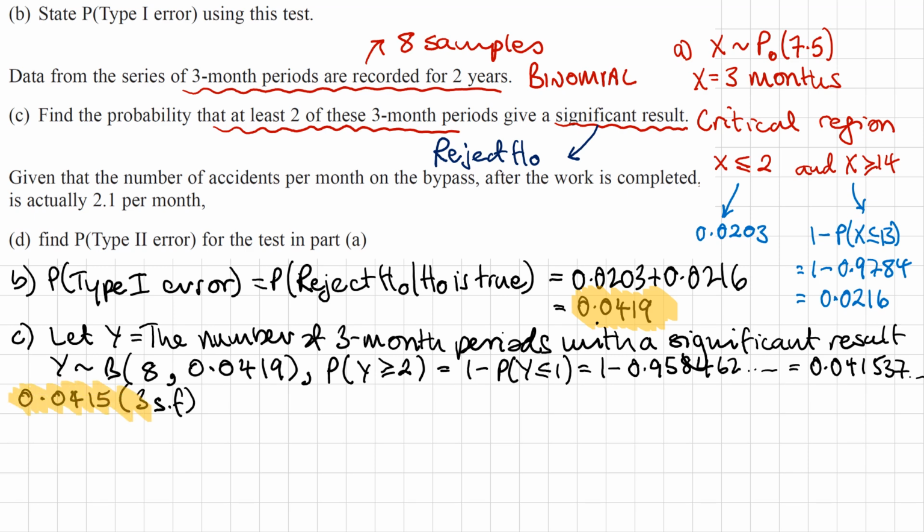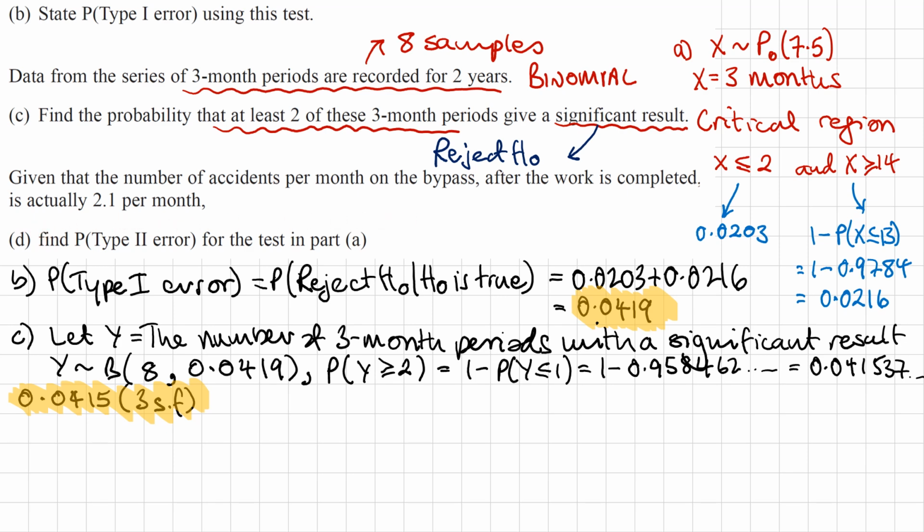Okay. Now it says, given that the number of accidents per month on the bypass after the work is completed is actually 2.1 per month, part D, find the probability of a type 2 error for the test in part A. Now the test in part A was for a 3-month period, and we've got the number of accidents per month is 2.1.